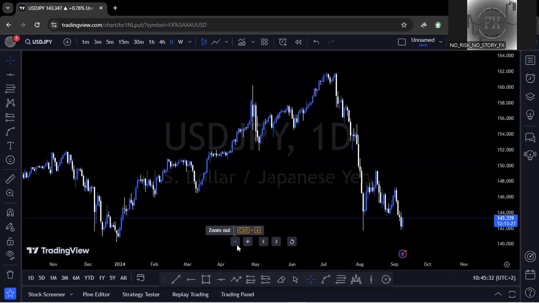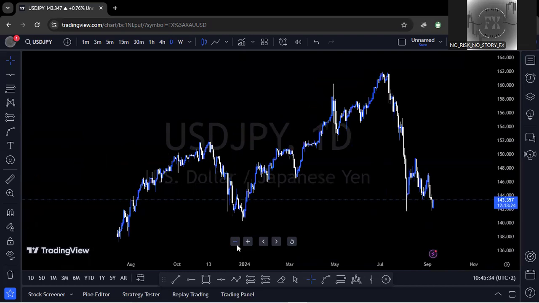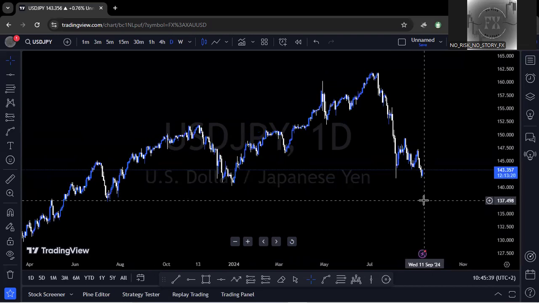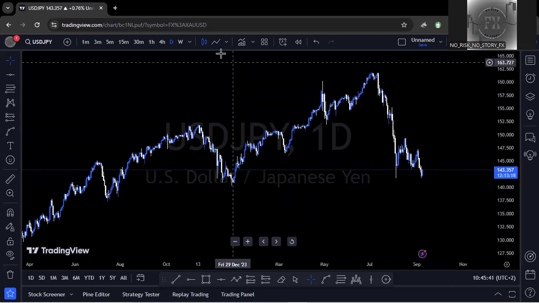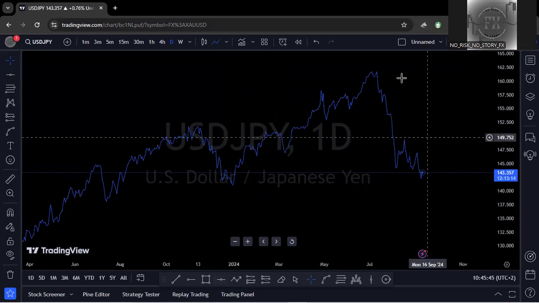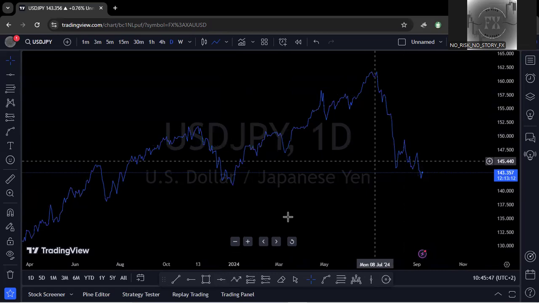But then I would like to highlight my highest and lowest point here. I like to firstly go to my line chart, and then highlight my highest point, which is this one.